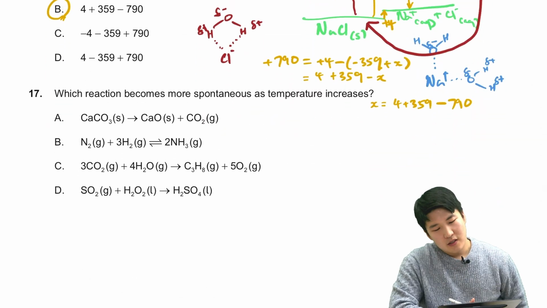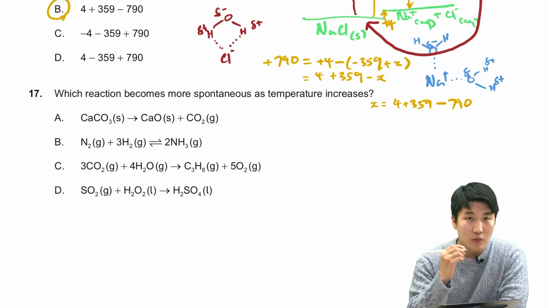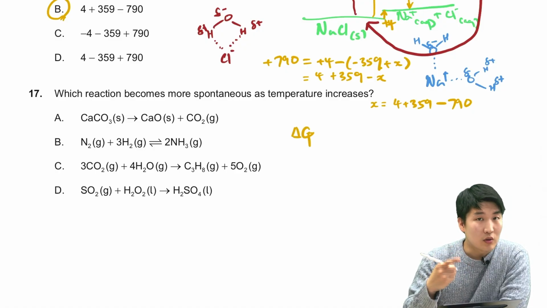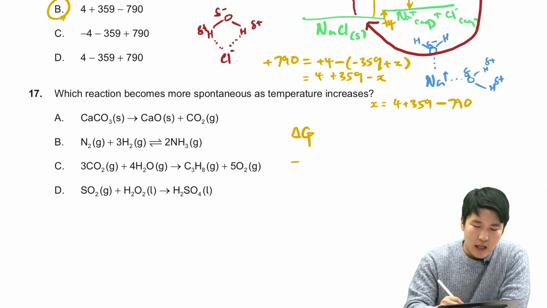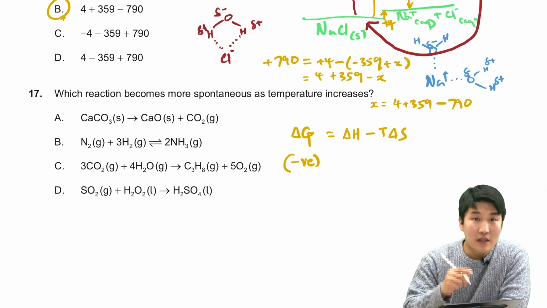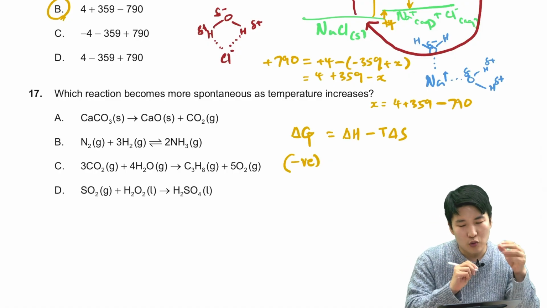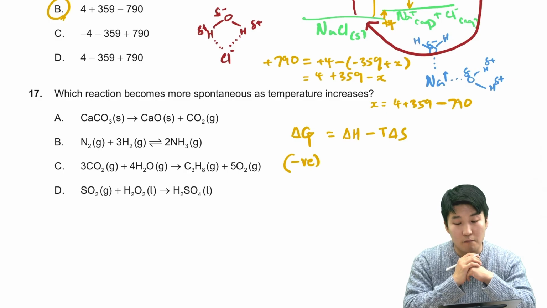Which reaction becomes more spontaneous as temperature increases? Well, we need to use the equation delta G corresponding to spontaneity, and we want the value to be more and more negative, which equals delta H minus T delta S. This is one of the three delta G equations that utilizes temperature and entropy change.